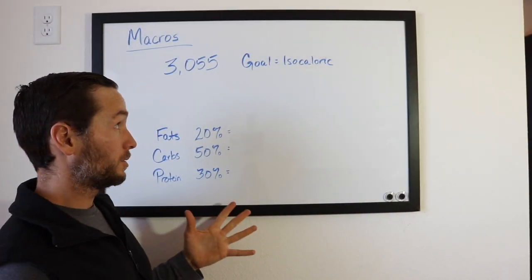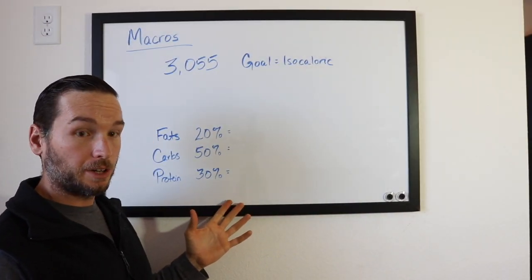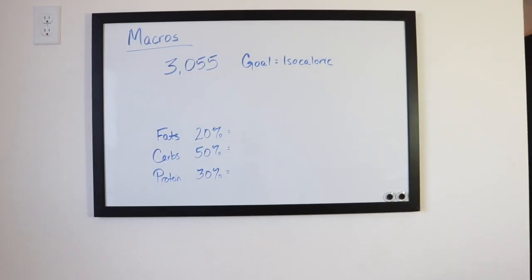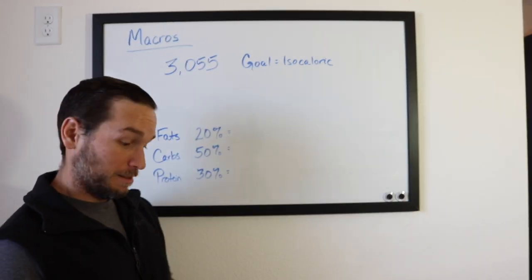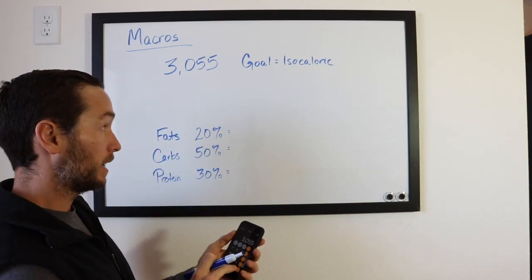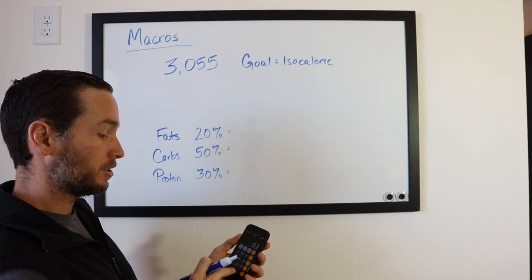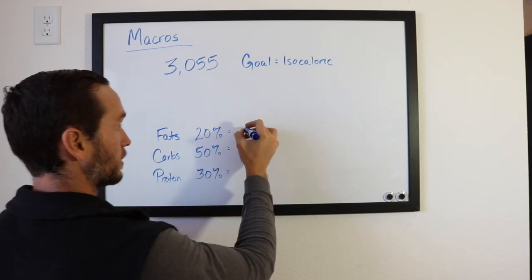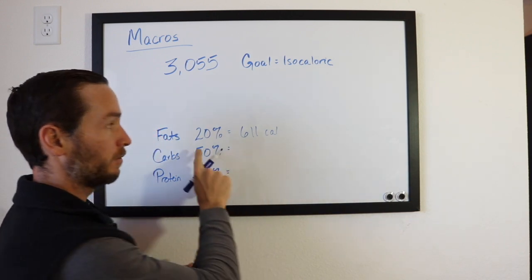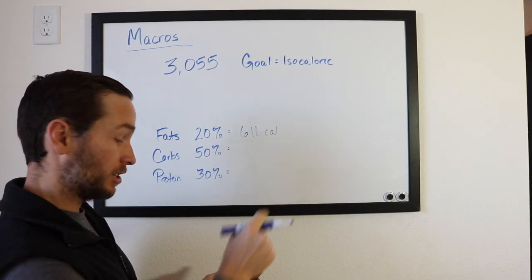So we're going to go ahead and make the calculation. I'm going to grab my calculator again, which I dropped on the ground conveniently a second ago, and I'm going to make these numbers up. I'm going to take that 3,055 and multiply it by 0.2, which gives me 611 calories per day for fats. That's my allocation for fats.